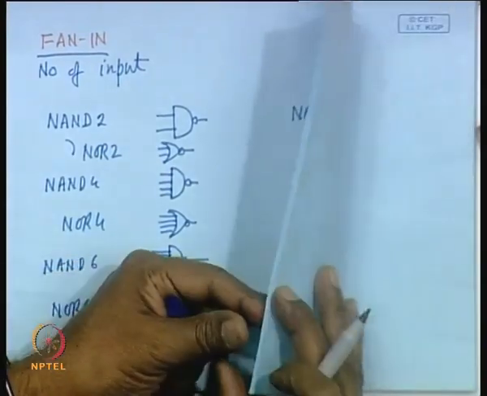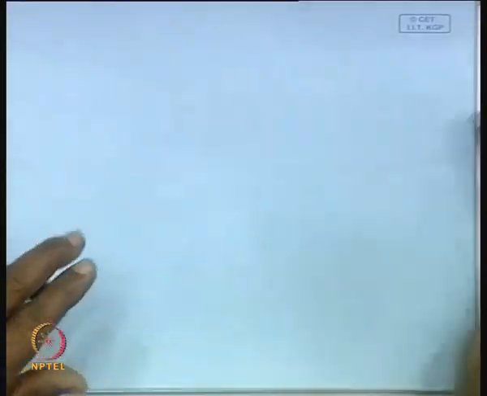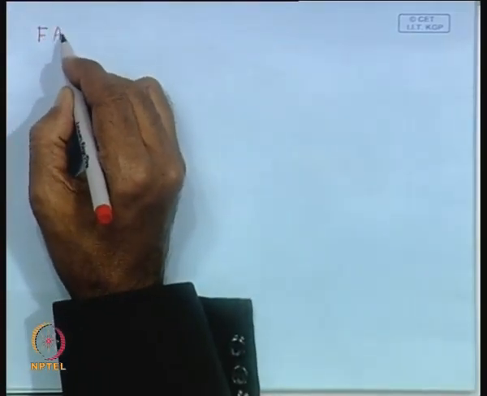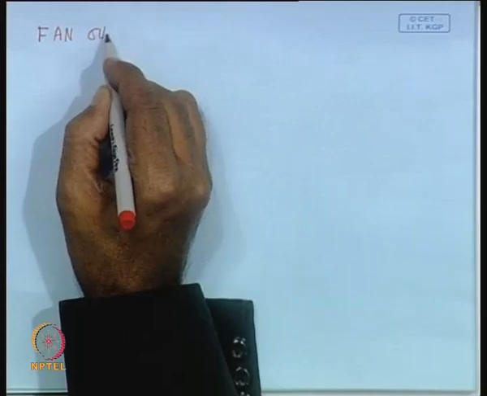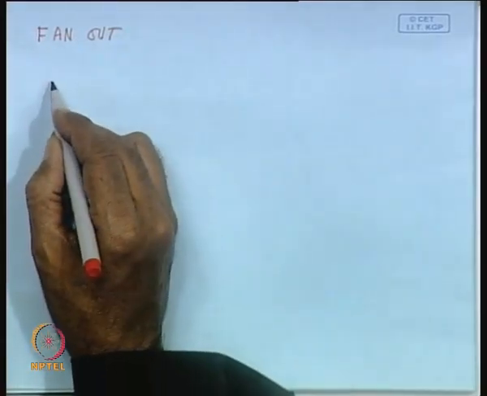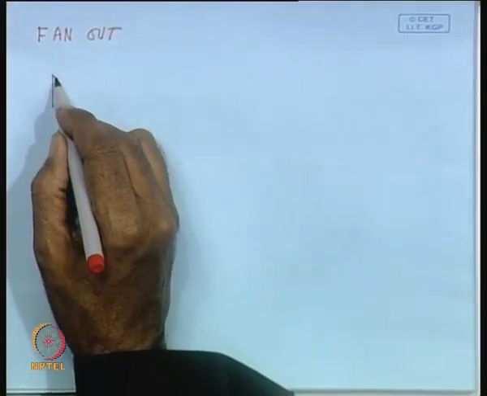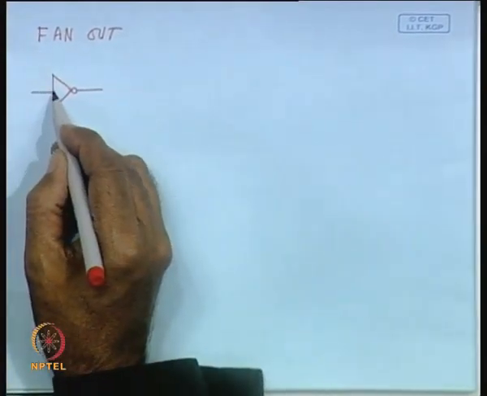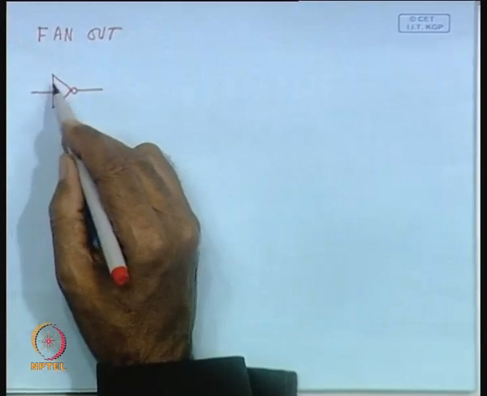Now, let us consider the concept of fan out. What do we really mean by fan out? Fan out is essentially the number of gates a particular gate is driving.